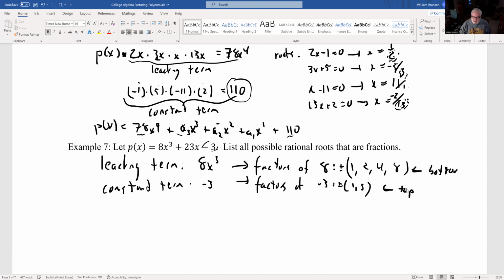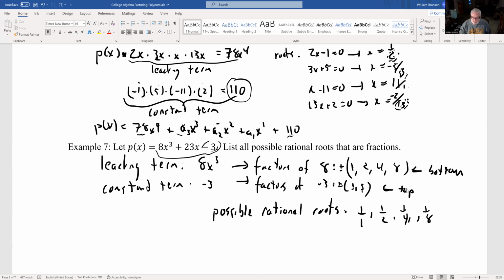If a fraction is a solution to this equation, which fractions could it be? Well, rational means fraction, it means division, rational roots. Just take 1 over 1, 1 over 2, so that's 1 on the top and a 2 at the bottom, 1 over 4, or 1 over 8.